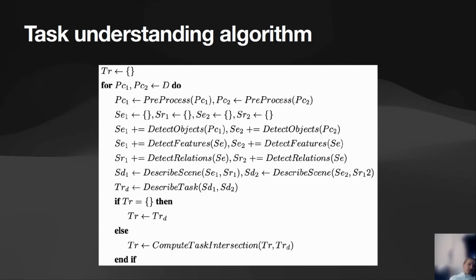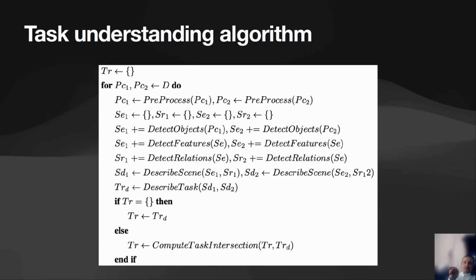I have two point clouds. One represents the scene before task execution, and the other is the scene after task execution. I can pre-process them in parallel, and then I start with blank graphs.